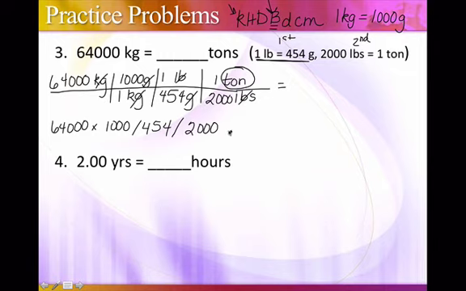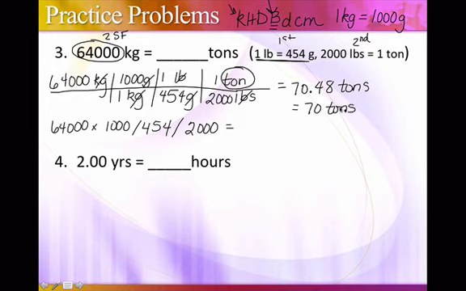So that's what it should look like when you punch it into your calculator. And if you do all of that, you're going to end up with 70.48 tons. And if I look at significant figures, I look back to the original number that we put in here. This number only has 2 significant figures, so I'm going to round my answer to 2, which is just going to be 70 tons.